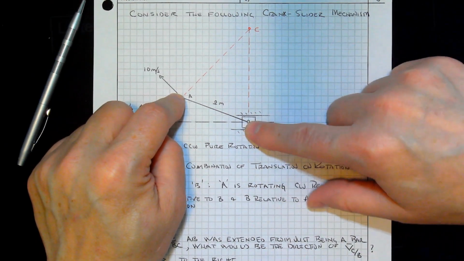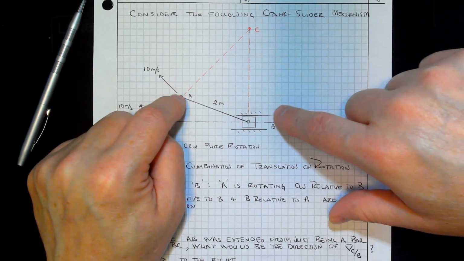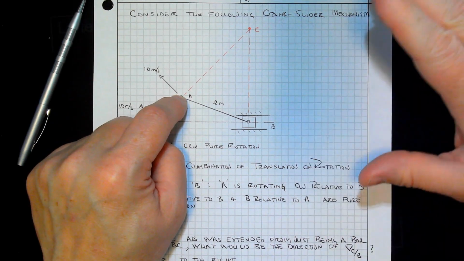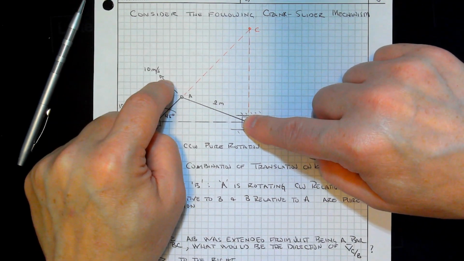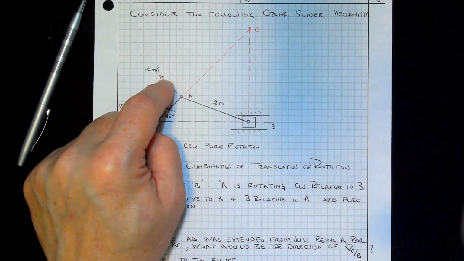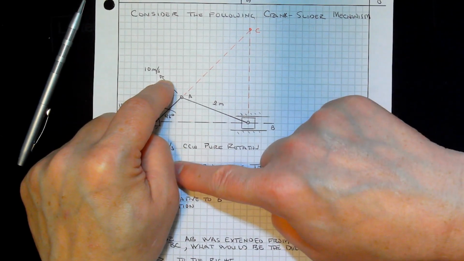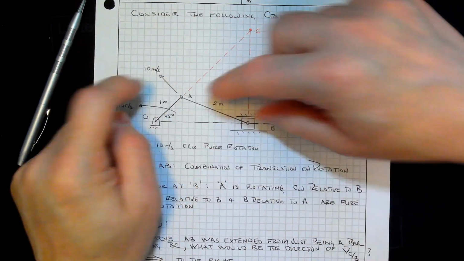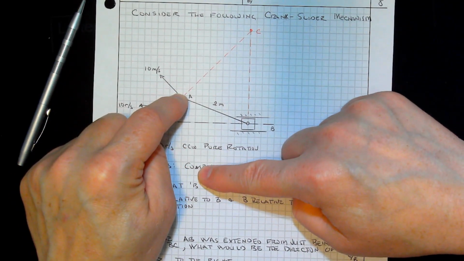Okay, we know that overall B is moving to the left, but just from A's perspective, if A thinks it's the center of the world and that's all it knows, as A goes up it doesn't know it's moving, it thinks it's still. B relative to A is rotating this way, right? It's going to go that way. That's clockwise. Same as this goes clockwise relative to B, B goes clockwise relative to A.